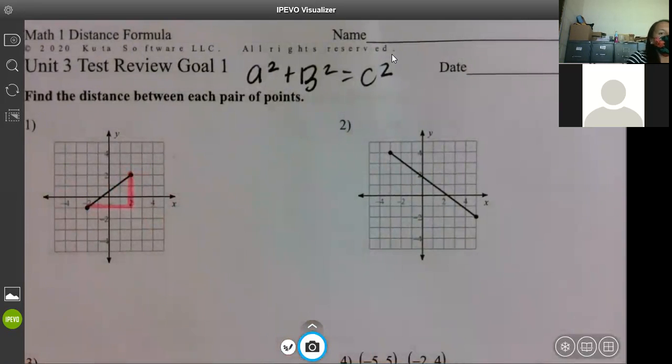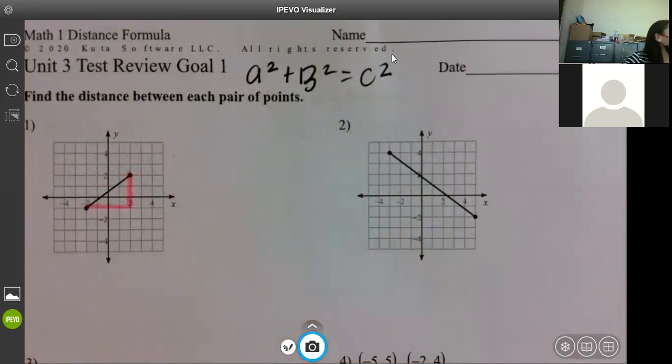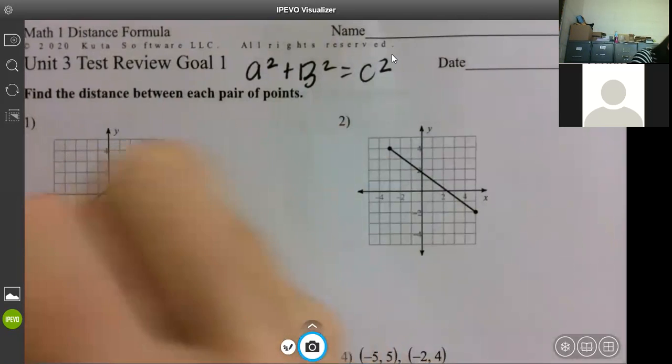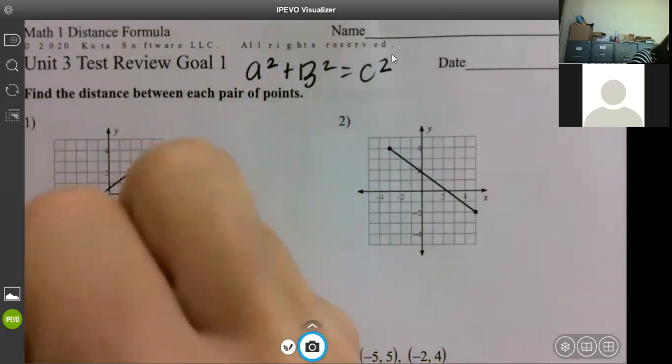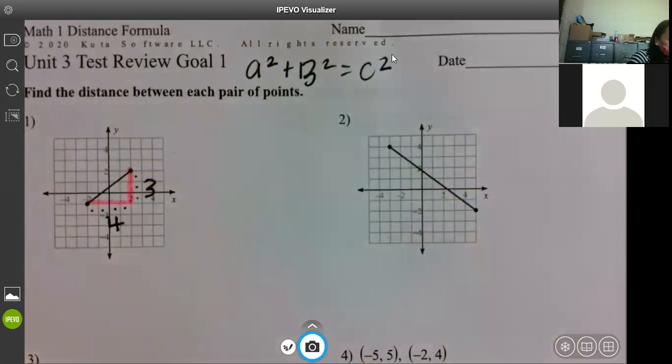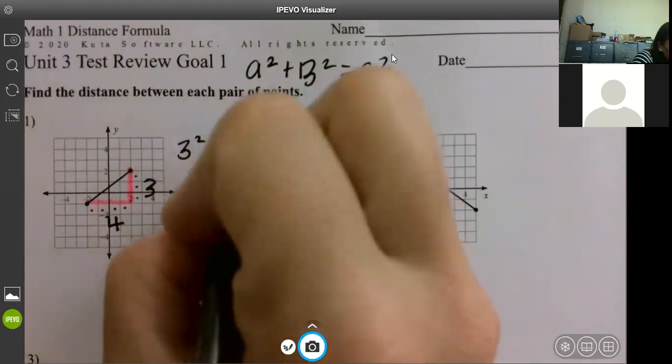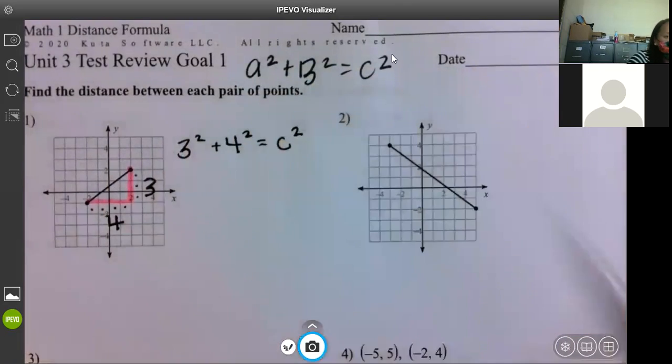And we plug those 2 numbers into our a squared plus b squared equals c squared. Okay, no worries. All right, so we count our boxes. Our rise was 3. Our run was 4. So we do 3 squared plus 4 squared equals c squared.